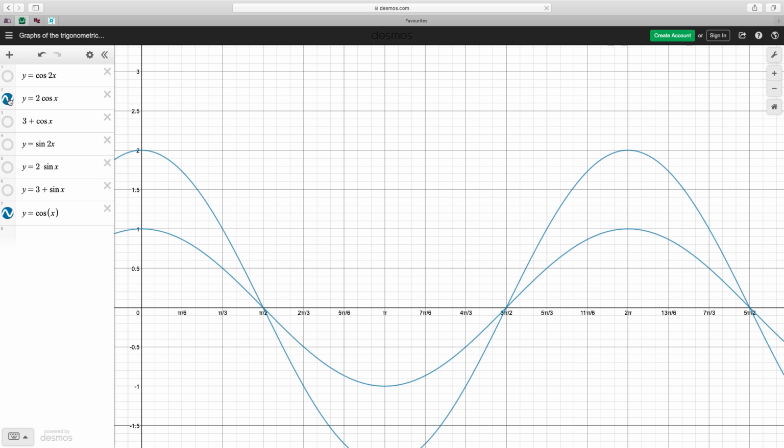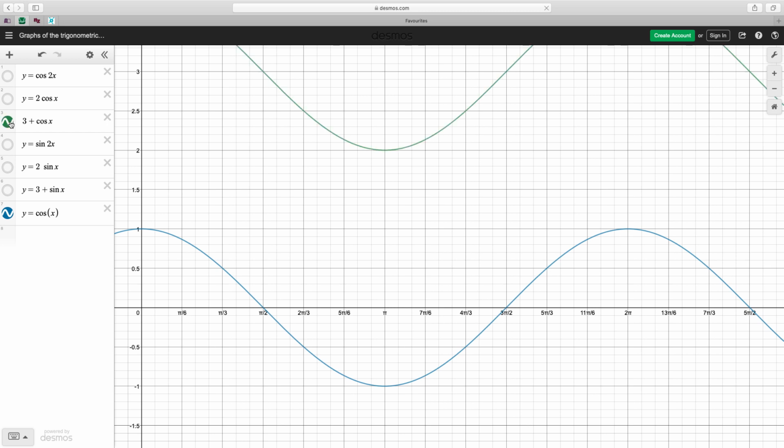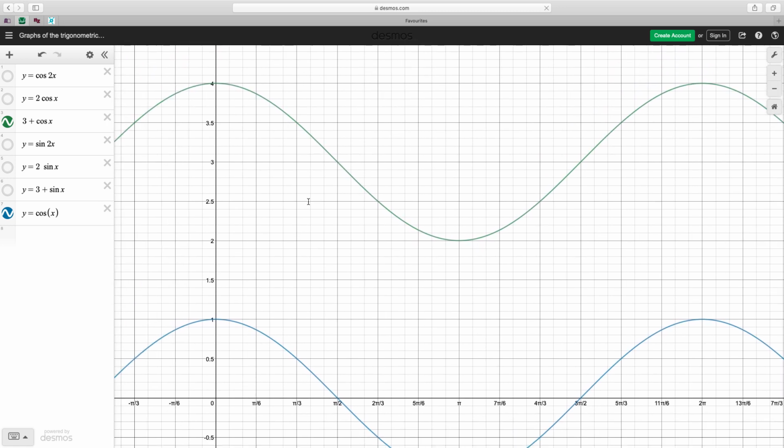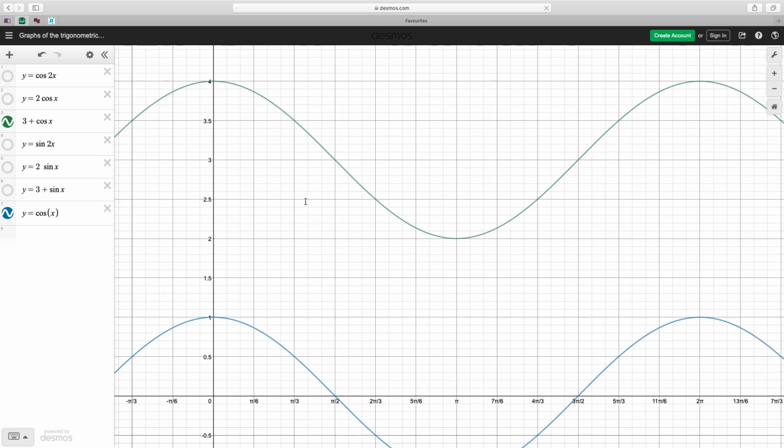And the last one, Adam, any idea what 3 plus cos of x is going to affect? It shifts, exactly. It shifts where it starts. So it doesn't start at 1 anymore. It shifts up 3 spots.